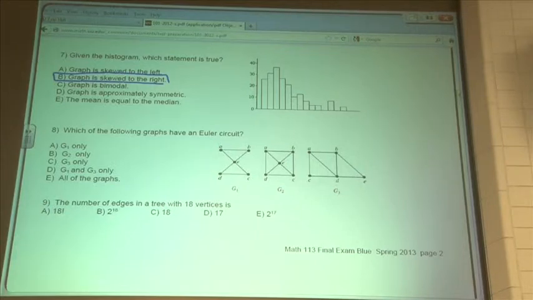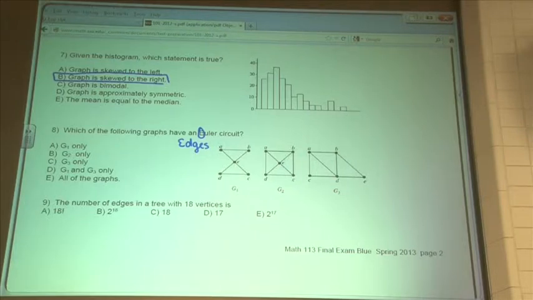Number 8, which of the following graphs have an Euler circuit? Okay, to have an Euler circuit, well, first of all, are you looking at edges or vertices? We're looking at edges. Okay, put your E's together. If you have Euler, you're always looking at edges. To have an Euler circuit, what's the rule about the vertices? They all have to be connected. Even.